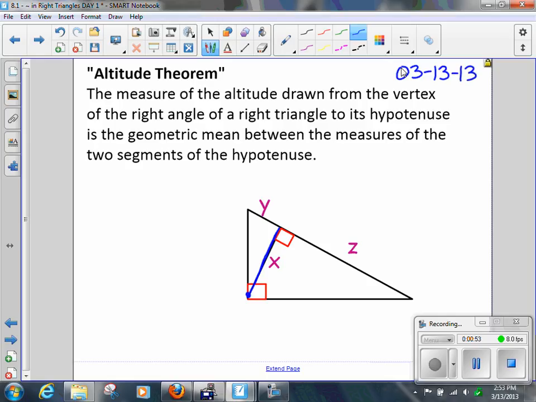Now, I don't know about you, but when I read that, I just go, huh? Say what? So here's what I want you to think about. Look at what you're given. Know that x is the altitude. If you are given or have to find that side, I want you to put the altitude on the diagonals. Trust me.